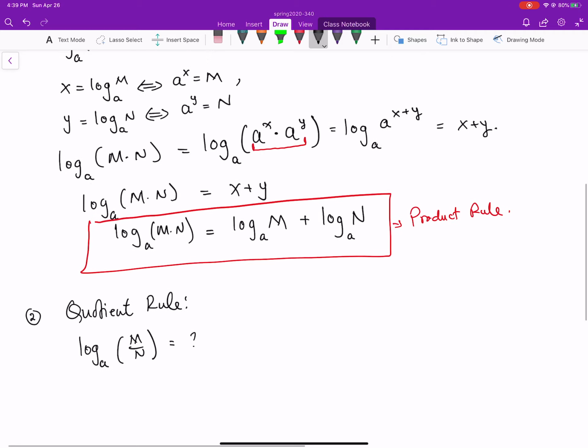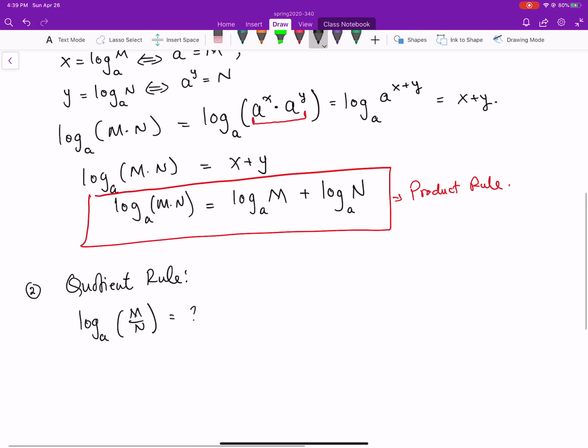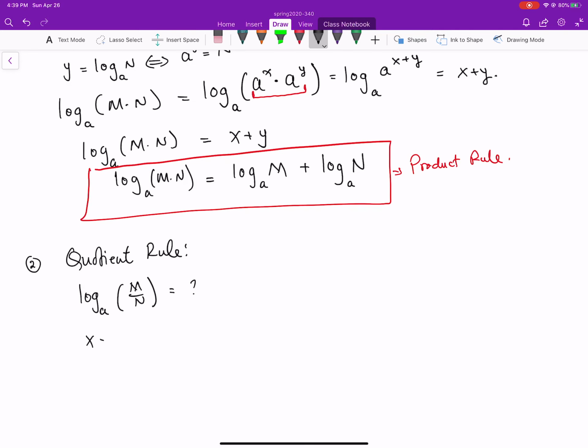Again, I'm using the declaration that I started up at the very front, knowing that x is equal to log a of m. That is the same as a to the x is equal to m, and y equal to log a of n, as exponential is a to the y is equal to n.